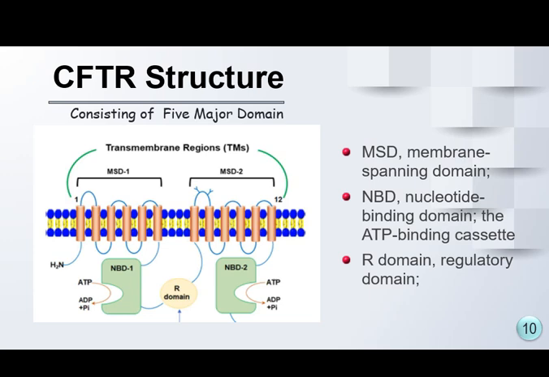So what is its job? The function is chloride channel, right? So somehow this structure will allow the chloride ion to pass through. In your GI tract or your sweat gland, your skin, the chloride ion is going this way, outside. So what happens when the chloride ion is leaving the cell? Some of the water will come with it, right?